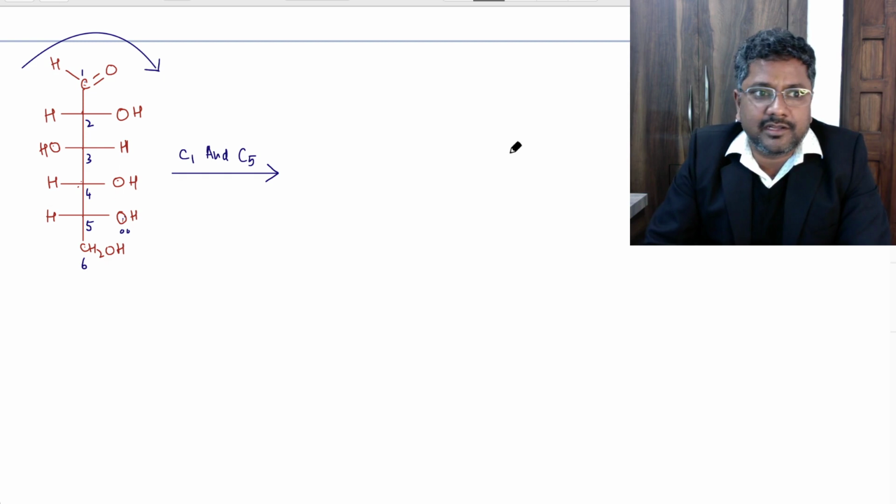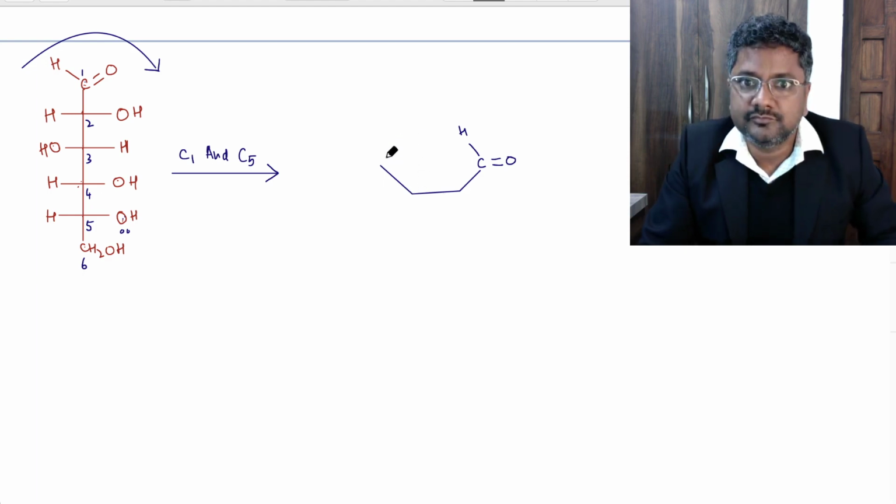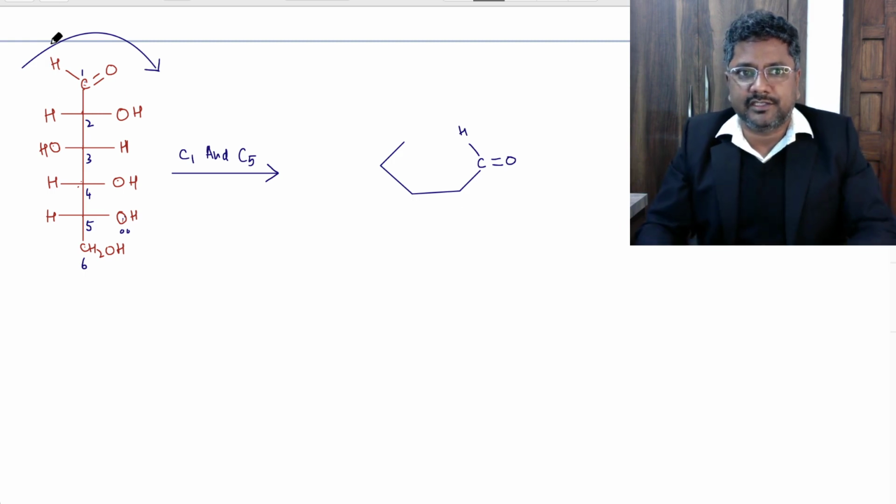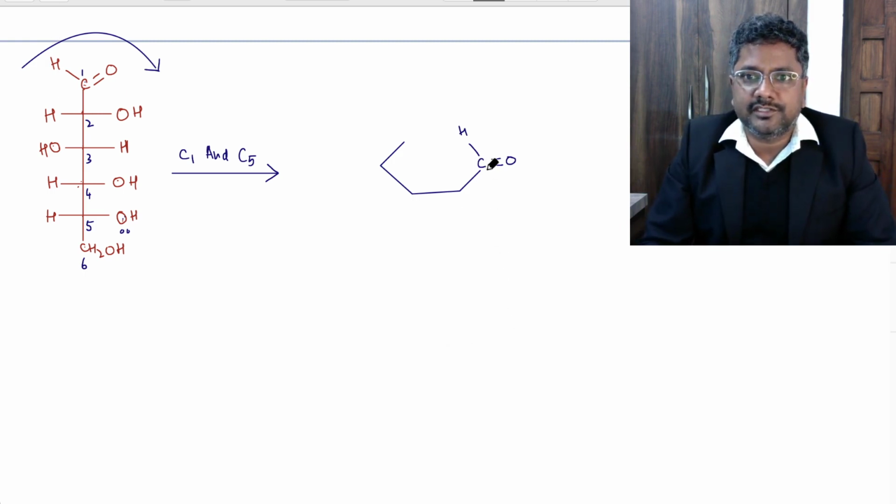See this carbon number 1 I am making here, C double bond O H, and I am making the 6-membered pyranose ring flat structure. So I am doing folding here like this. It's very simple. You have to make this orientation like this. Now this is carbon number 1. This is a planar structure.